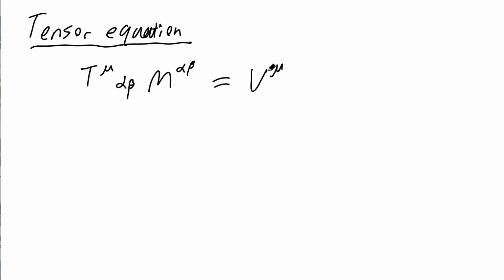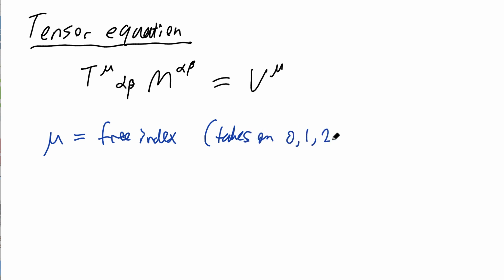There are free indices like mu. So mu is called a free index, free meaning it's free to take on any value, 0, 1, 2, or 3. So this is really four equations, one for each value of mu.